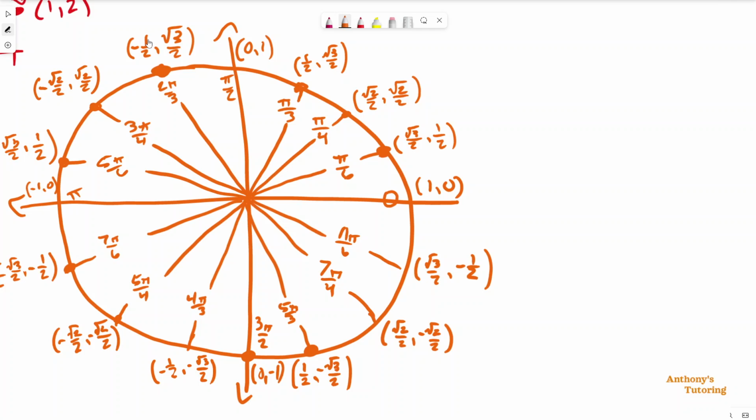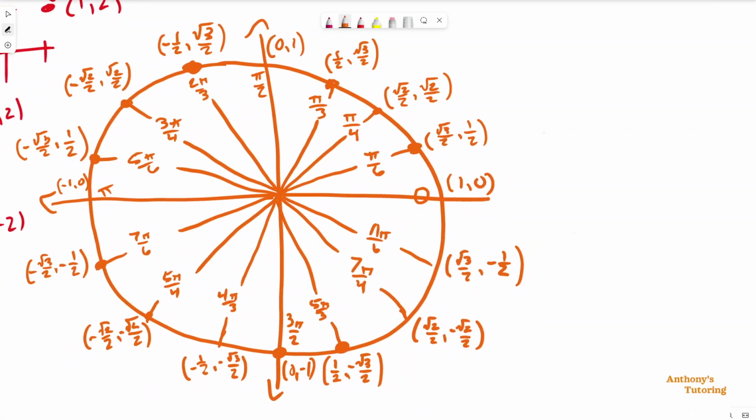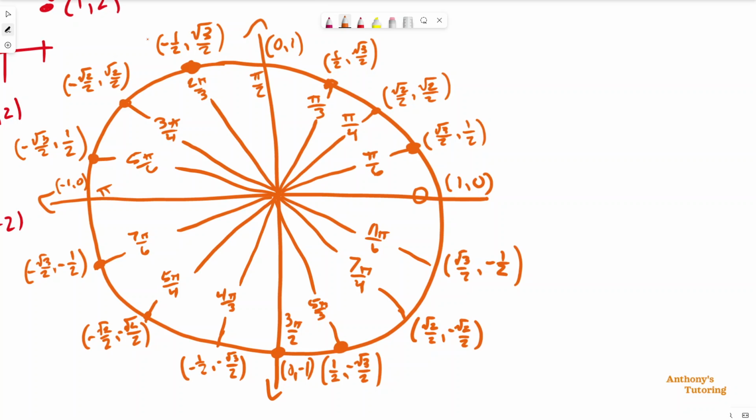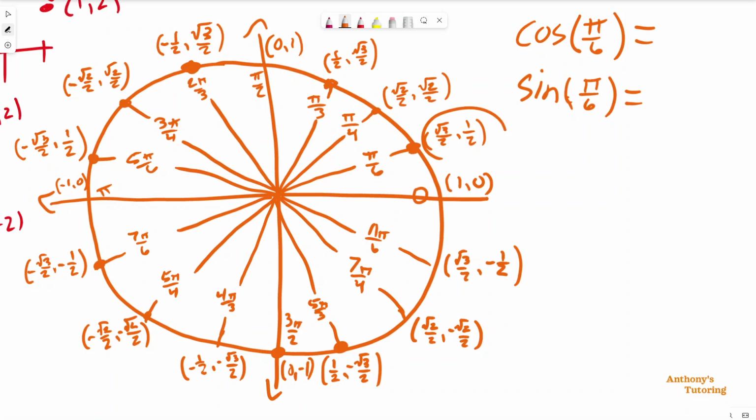All right, now finally you may come across questions like, what is cosine of pi over 6? Or you might come across sine of pi over 6. So here's what we do to figure out the cosine and the sine. When you ask for the cosine or the sine, it's referring to this coordinate right here.